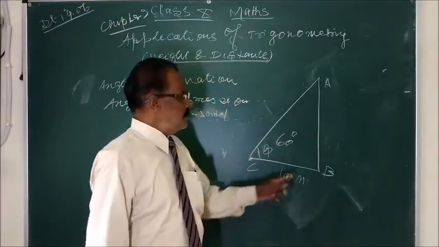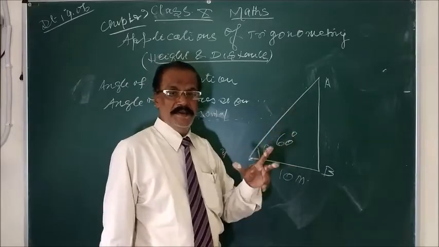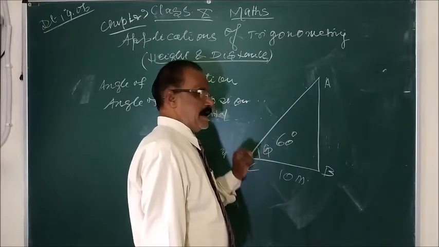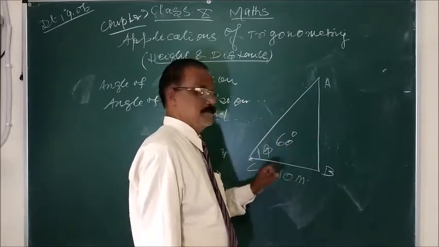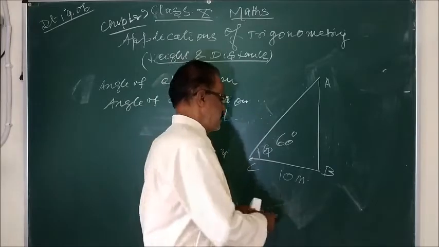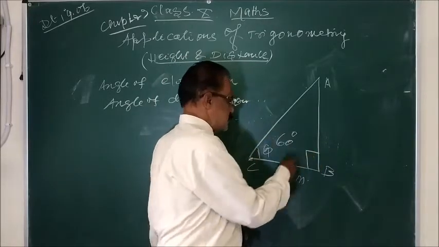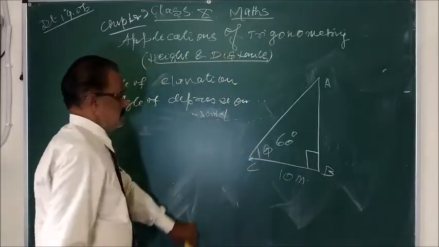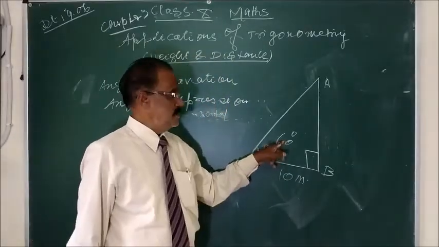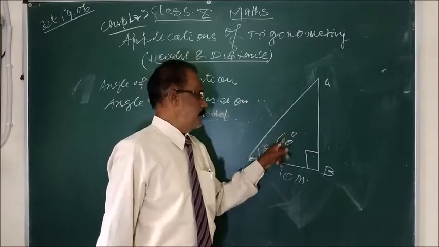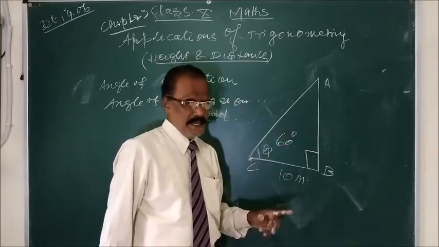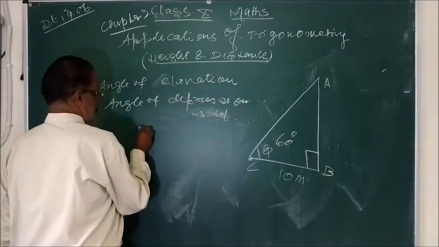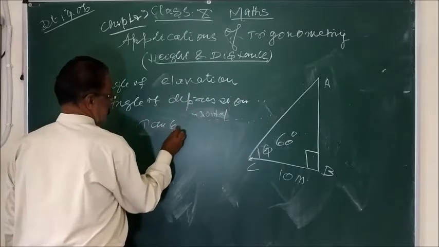Now the question is, how will you find the height of this AB, the height of the tower? Now you see, for this angle, this is P and this is B. This is 90 degree. So for this angle, if you take tan 60, P by B, by putting the values, by calculation, you can find the actual height. Now in this right triangle, you take tan 60 degree.